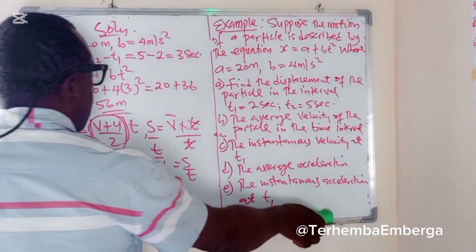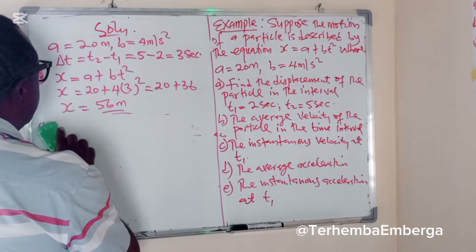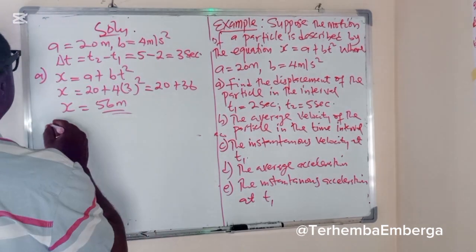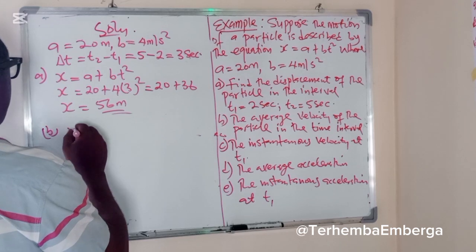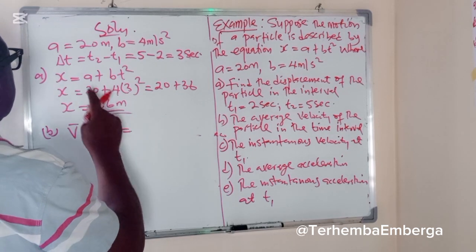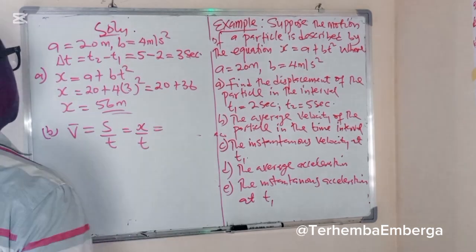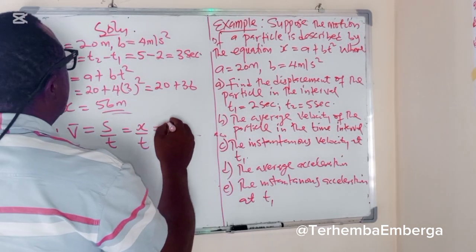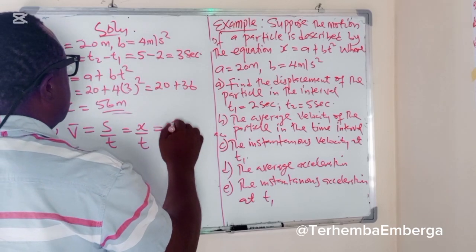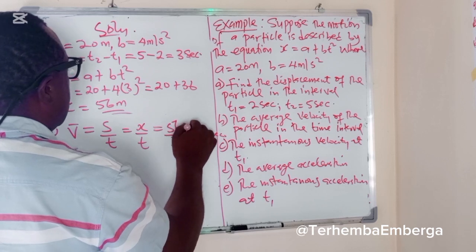So the formula here is average velocity equals distance over time. In this case, it's represented by x over t, which is equal to the total displacement, 56, over time, which is 3.